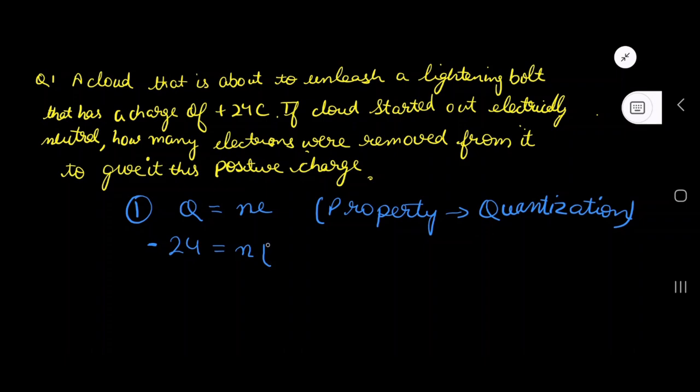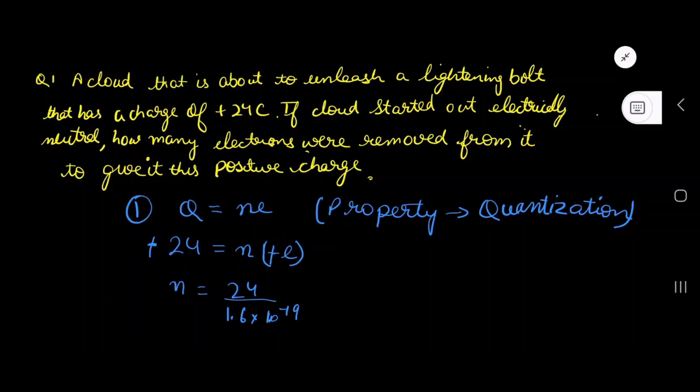We know that the sign of electrons is minus because they are negatively charged, so the signs will cancel out here. Now we can calculate the number of electrons: n equals 24 divided by the charge on one electron, 1.6 into 10 raised to power minus 19 coulomb.